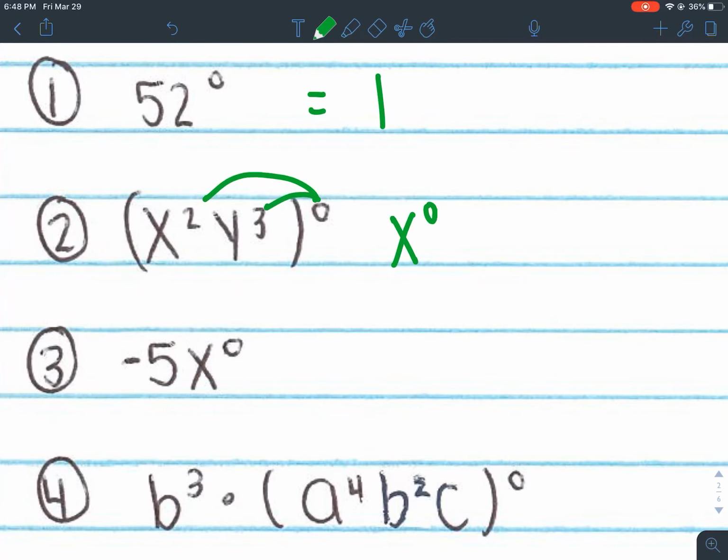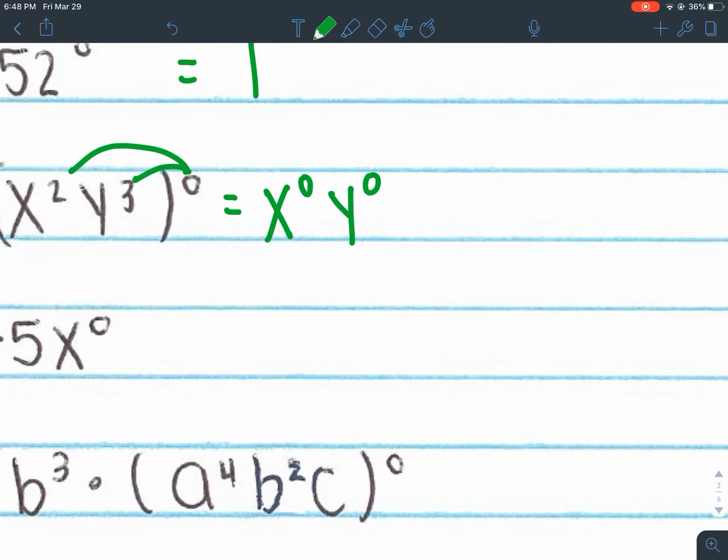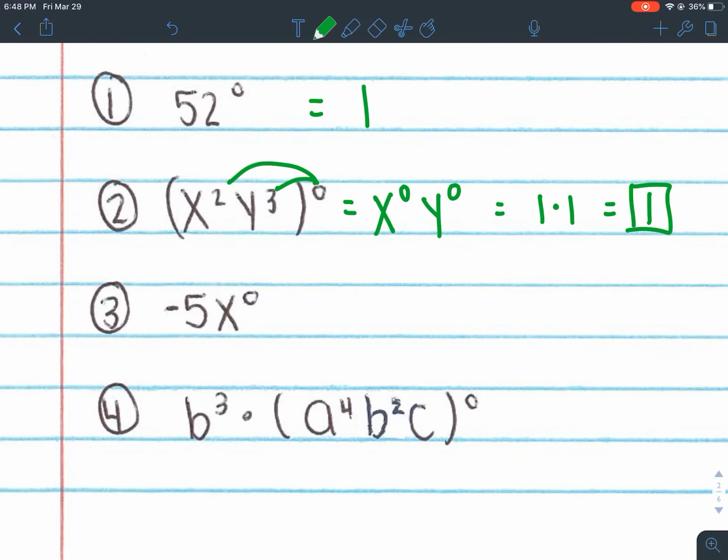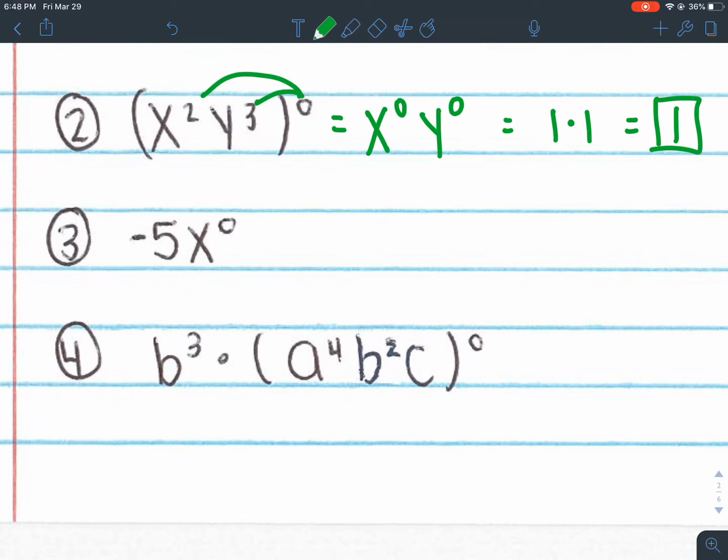And then I need to do y, and 3 times 0, which is 0. Well, x to the 0 is 1, and y to the 0 is 1. And 1 times 1 is 1. Okay? So since there's a parenthesis around that entire term, and it's to the power of 0, that whole thing is just 1.